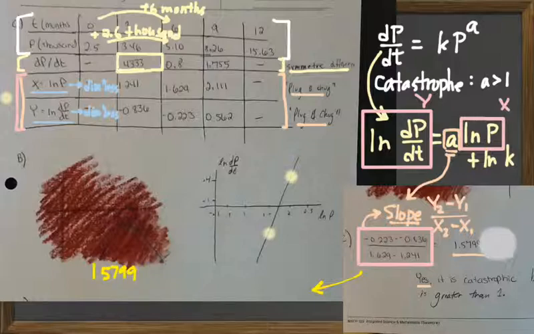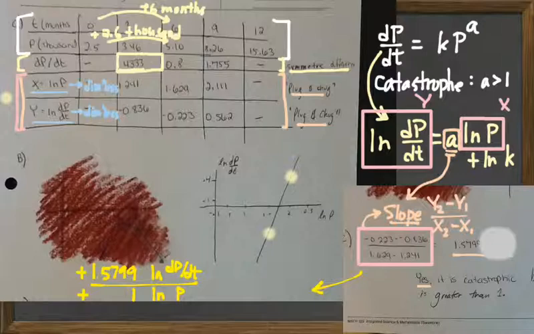1.5799. And that's a change in the natural log of dp dt per change in the natural log of p. So when I go plus 1.5799 in the first, I'm getting plus 1 in the natural log of p.